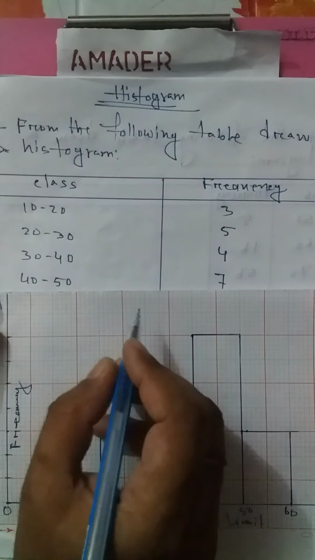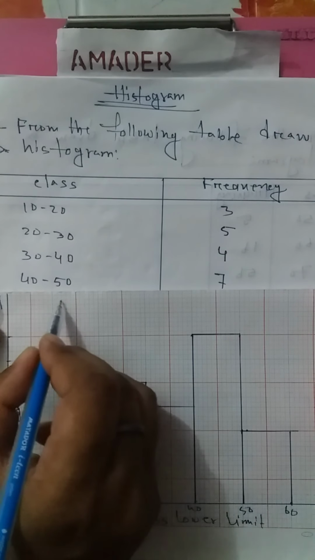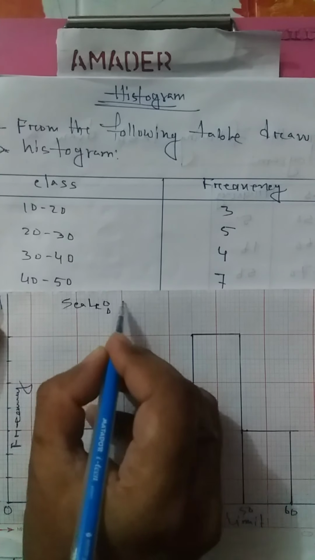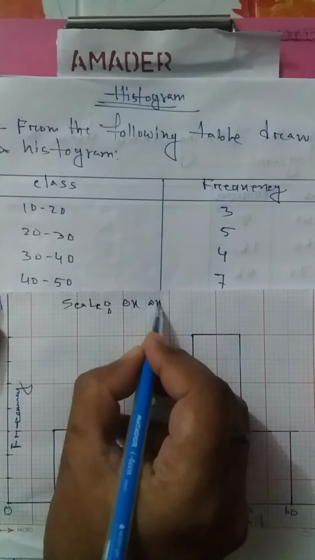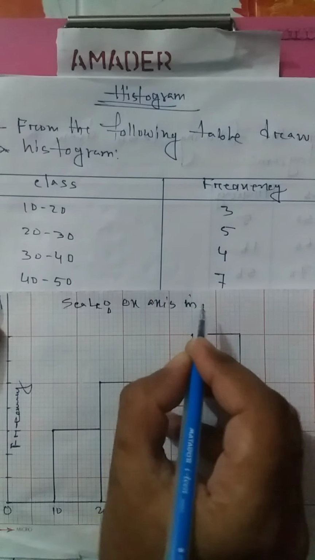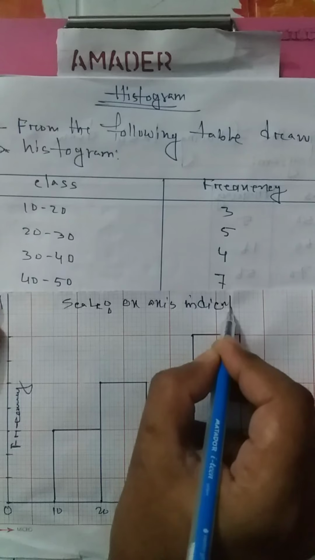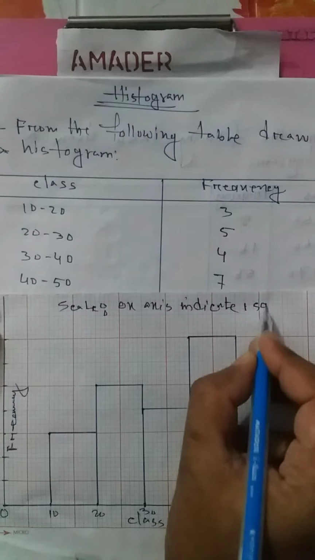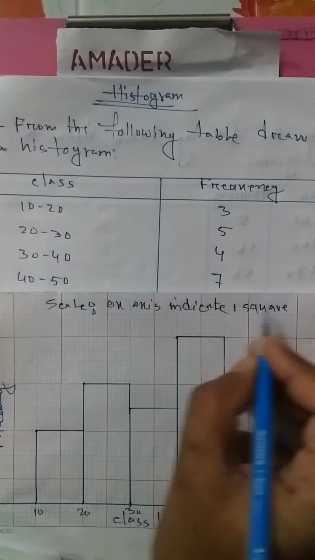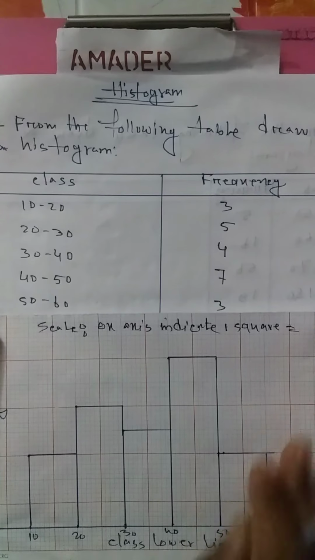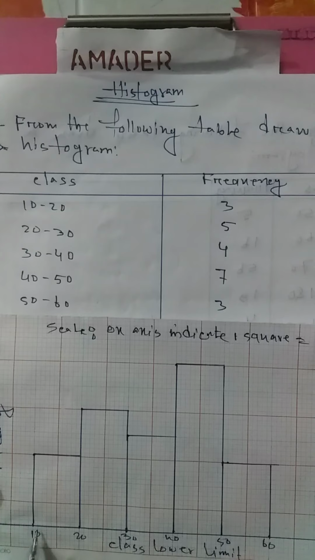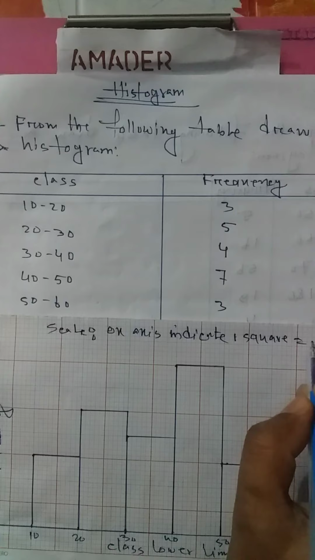At the last we write a scale. A scale is a very important thing. Scale, S-C-A-L-E. On the OX axis, 1 square is equal to 1 unit.